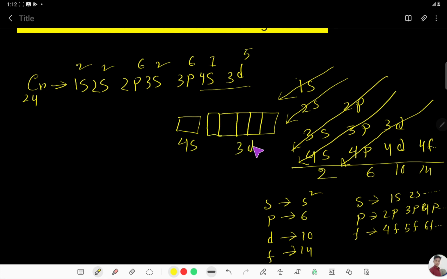Look, in 4s we have 1, in 3d we have 1, 2, 3, 4, 5, right?